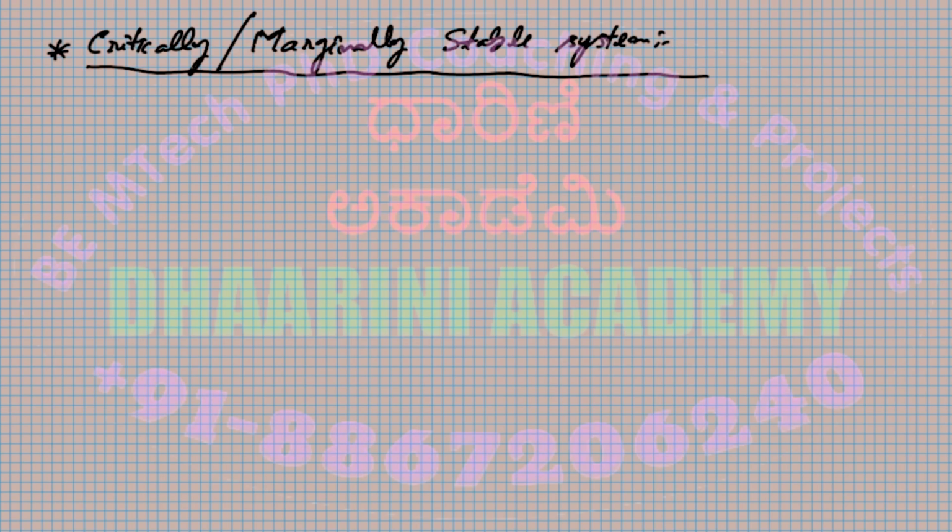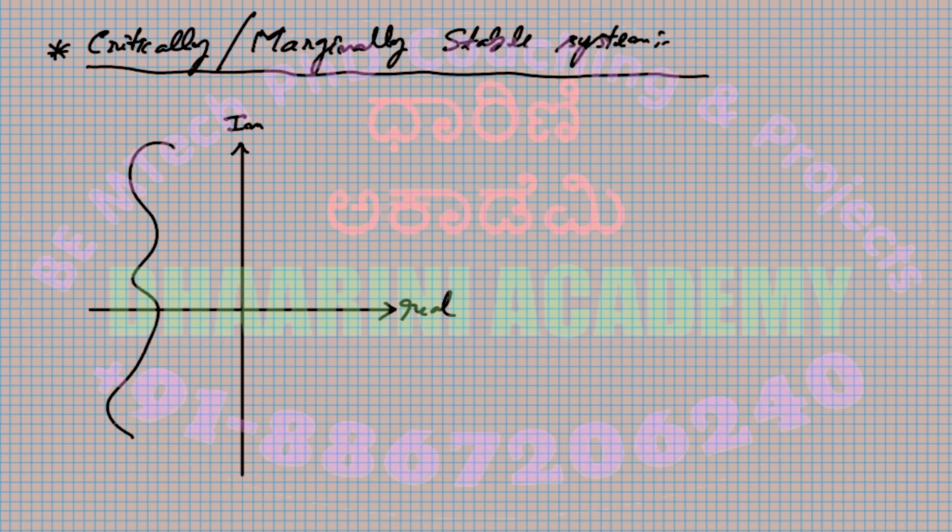The condition is that when I plot the poles and zeros of the system, I should get something like this. This is the real axis and this is the imaginary axis. Anything you get on the left side is stable, and anything on the right side is unstable.